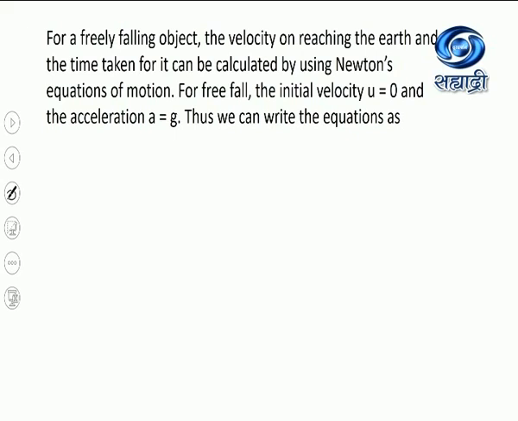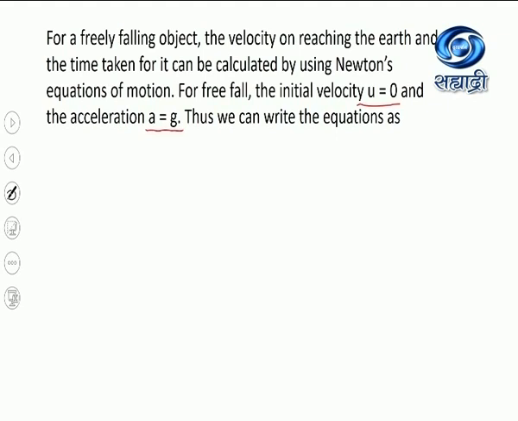For a freely falling object, the velocity on reaching the Earth and the time taken for it can be calculated by using Newton's equations of motion. For free fall, the initial velocity u is 0 and acceleration a can be replaced by acceleration due to gravity, that is g.